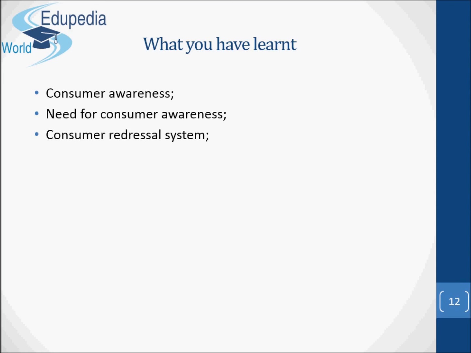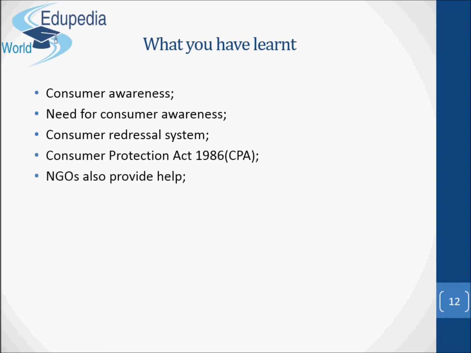The consumer redressal system comprises the laws to protect the interests of consumers and the institutions to enforce the laws to uphold consumers' rights. The Consumer Protection Act is the most important legislation to protect the interests of consumers. The Central Consumer Protection Council at the national level and the State Consumer Protection Council at the state level are government institutions which deal with consumer issues.